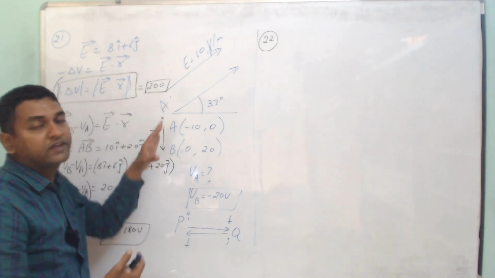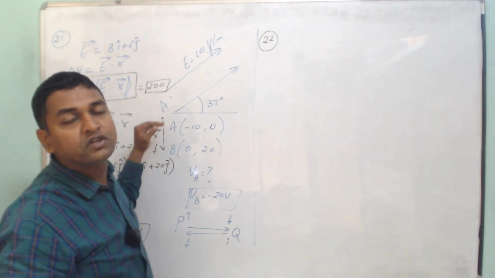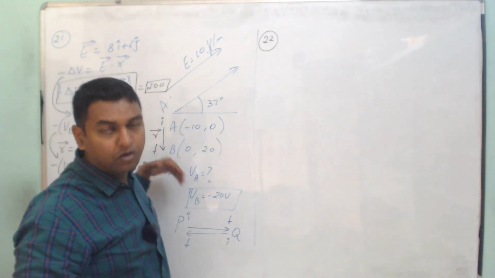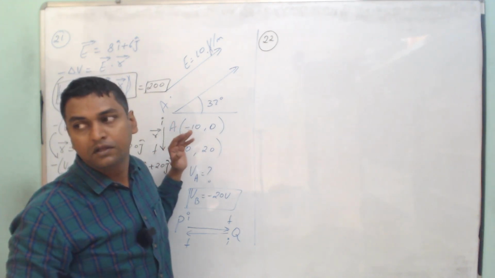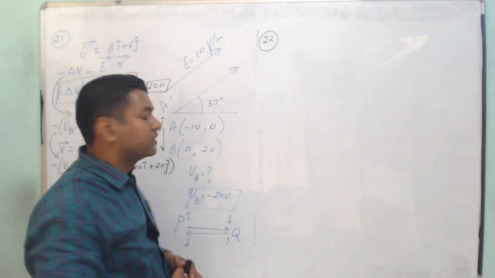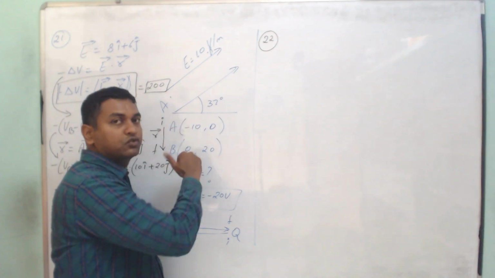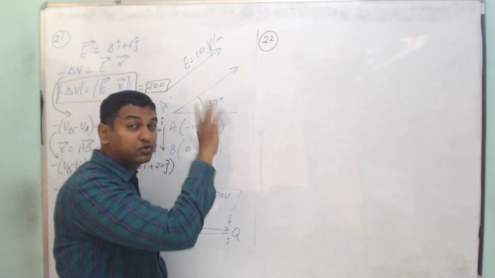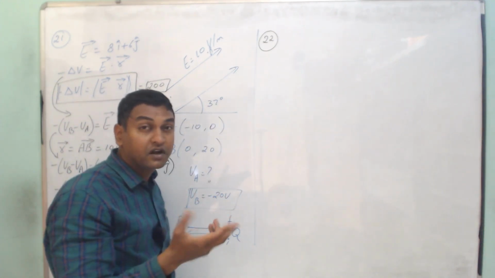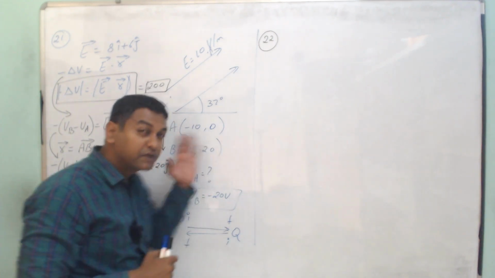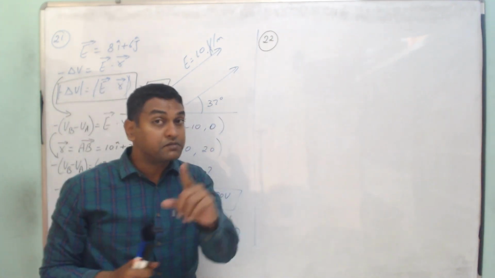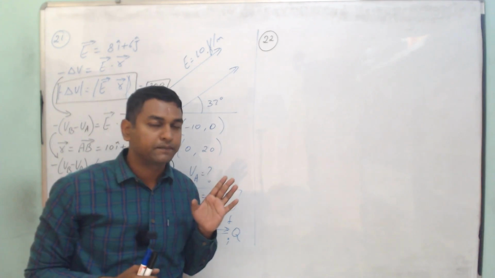But this way, I only have to choose, am I going from A to B or B to A? Are you getting my point? Once I chose A to B, I don't have to do much geometry regarding my R bar. Where is my A, where is my B? But that imagination is also important.